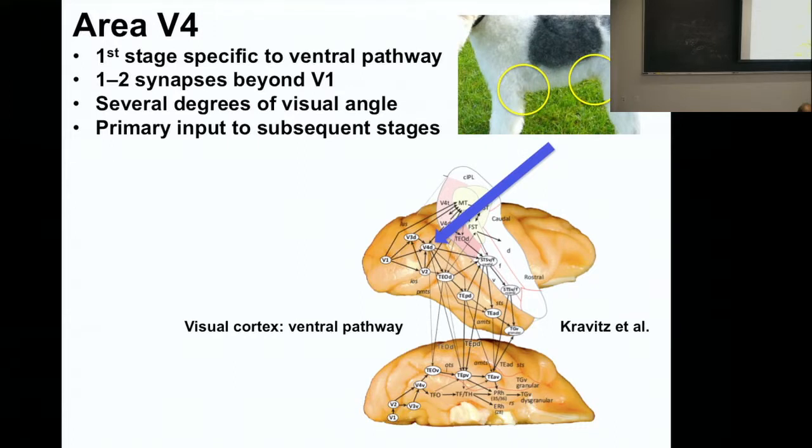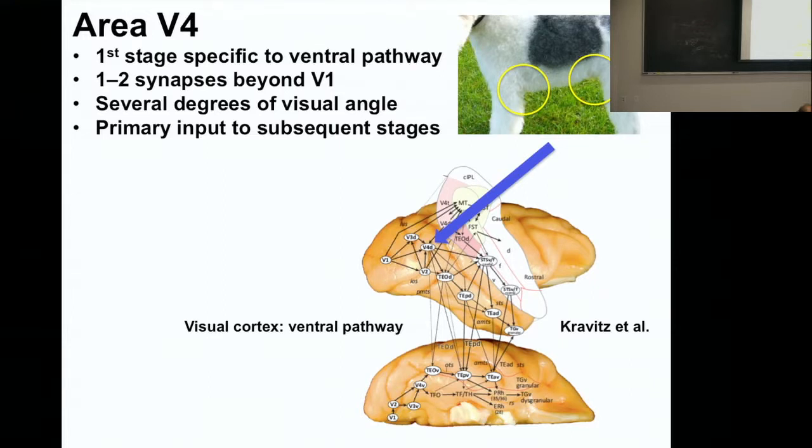V1 and V2 are omnibus areas that are sending information all over, to all of the visual areas in the brain, and that includes visual areas in the dorsal pathway. V4 is the first stage that's really specific to the ventral pathway.